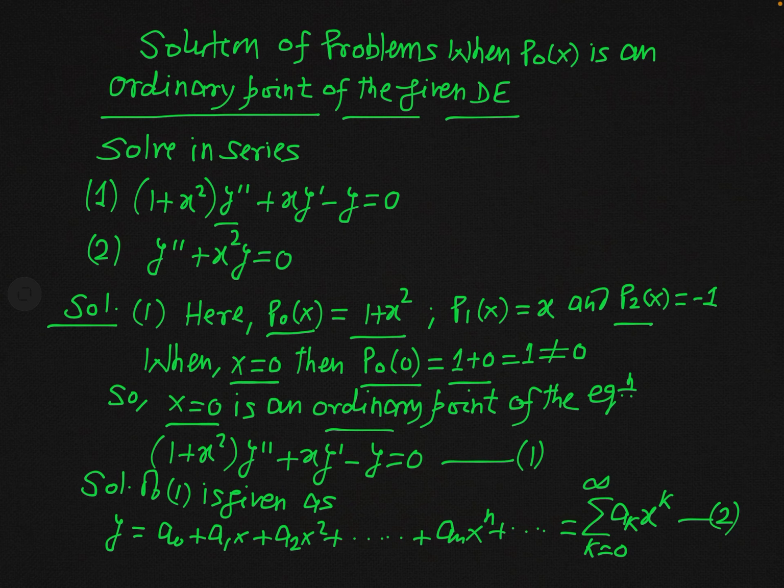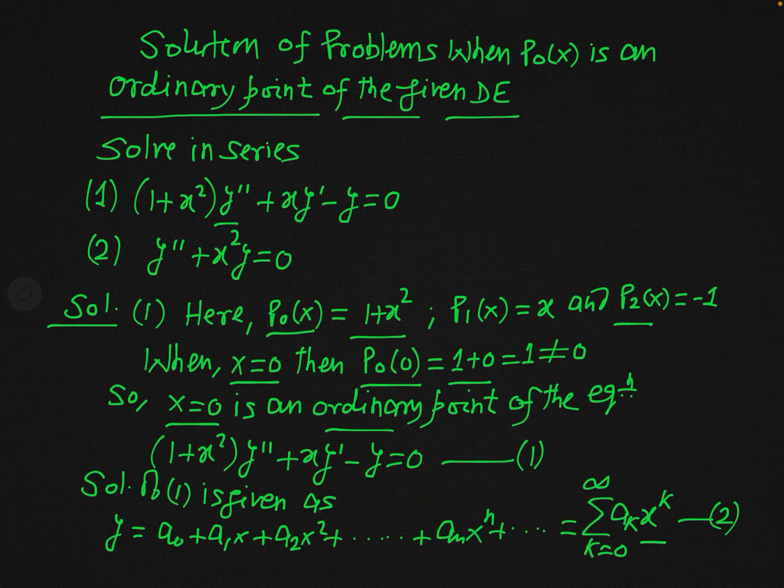So since x equal to 0 is an ordinary point of this given equation, (1 plus x square) y double prime plus x y prime minus y equal to 0, we know in this condition we will write the solution of this equation in series y equal to a naught plus a1 x plus a2 x square plus so on plus an x to the power n plus so on, and in compact form by the use of summation you can write it as summation k from 0 to infinity ak x to the power k.